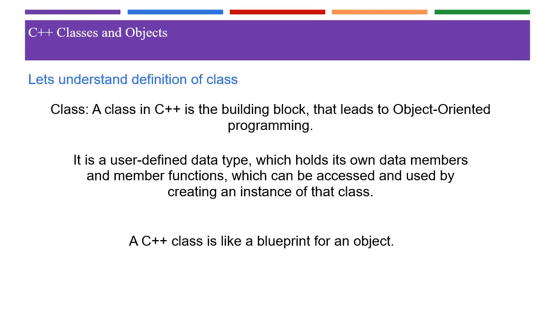A class in C++ is the building block that leads to object-oriented programming. It is a user-defined data type which holds its own data members and member functions, which can be accessed and used by creating an instance of the class. A C++ class is like a blueprint for an object.